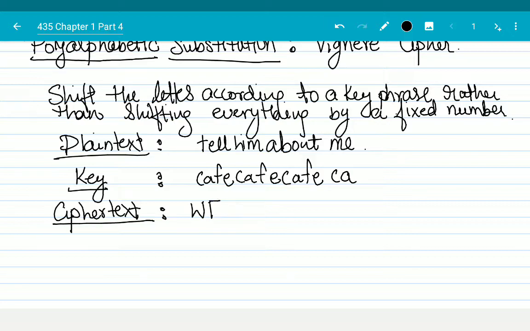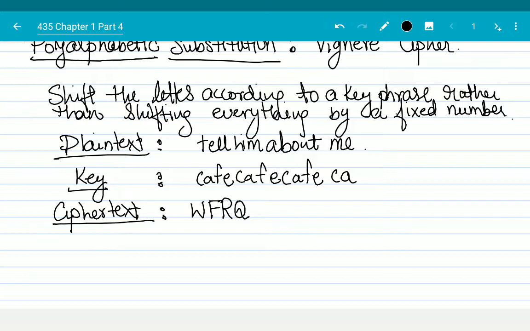Because it's A. L gets moved by 6 letters, so F is 6: L, M, N, O, P, Q, and R. And the next L gets moved by only 5 letters because that's now hit with an E. So you get a Q.